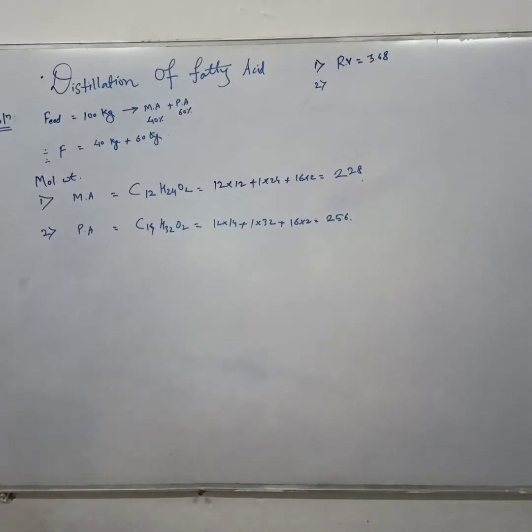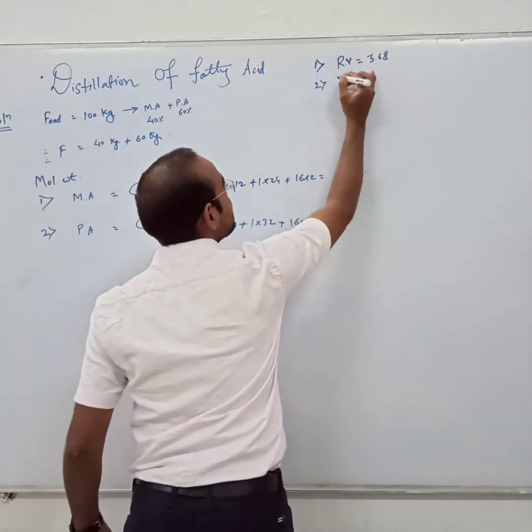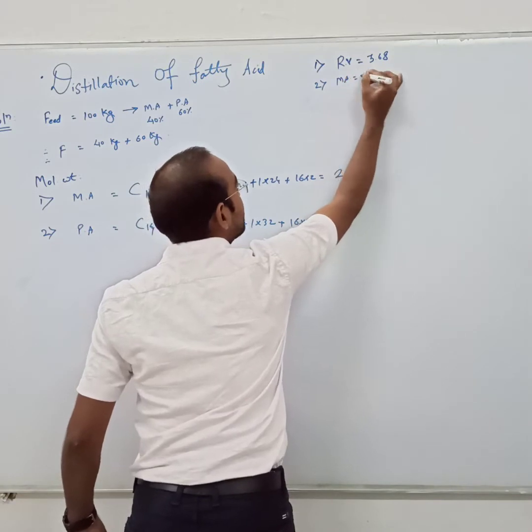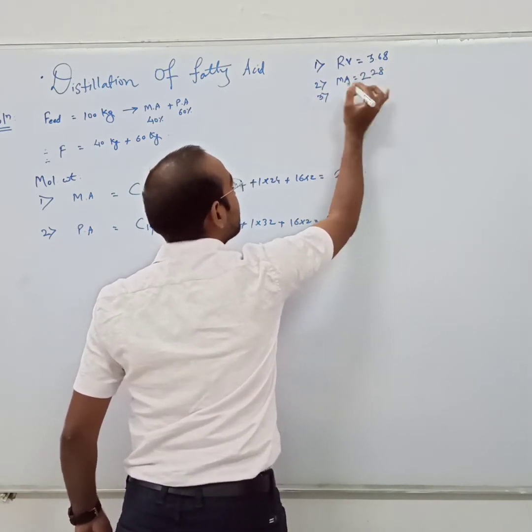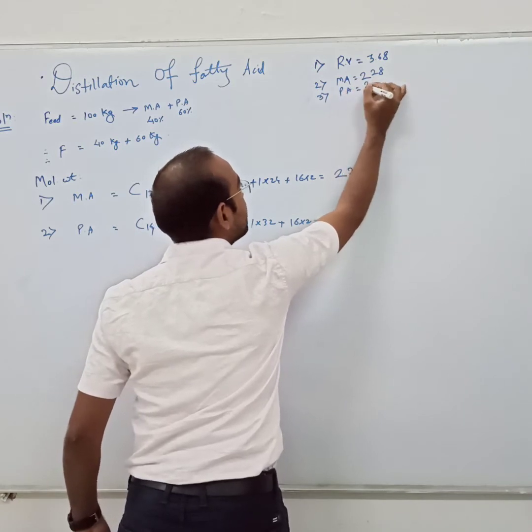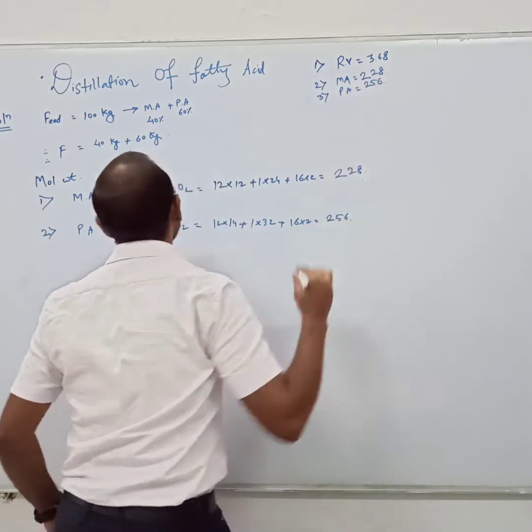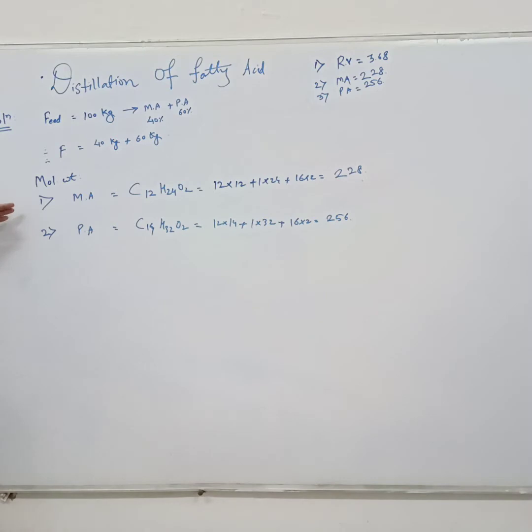So the molecular weight of myristic acid is 228 and the molecular weight of palmitic acid is 256. Both of these calculated molecular weights are useful to find the mole fractions.